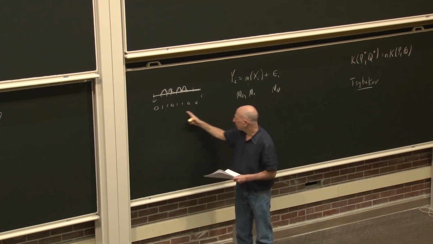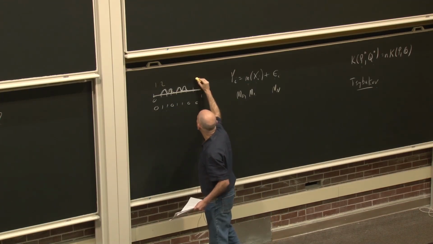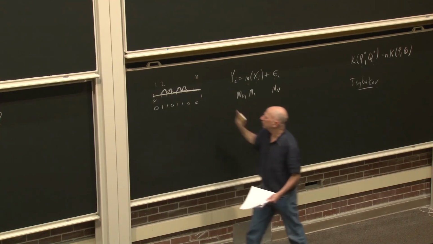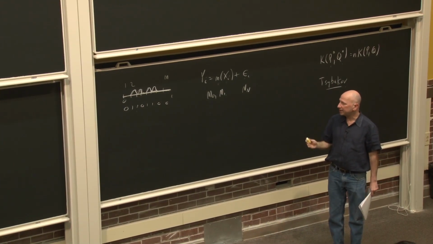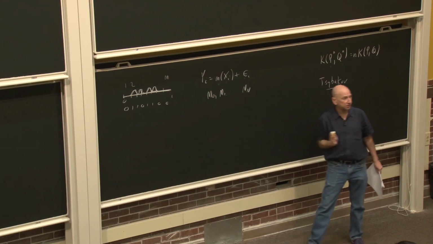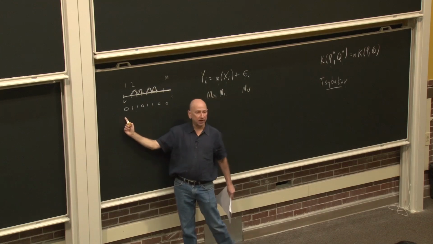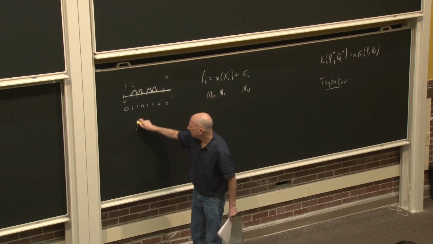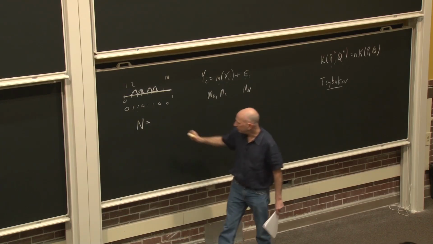And if I have, let's say, 1, 2, up to m little intervals here, you can see that creates my set of regression functions. How many of them are there? As many as there are binary sequences. So what is n here? What is the number? 2 to the m, right.